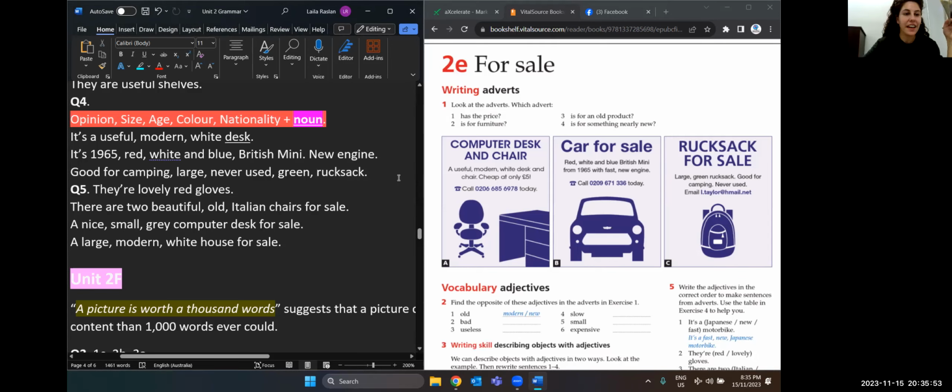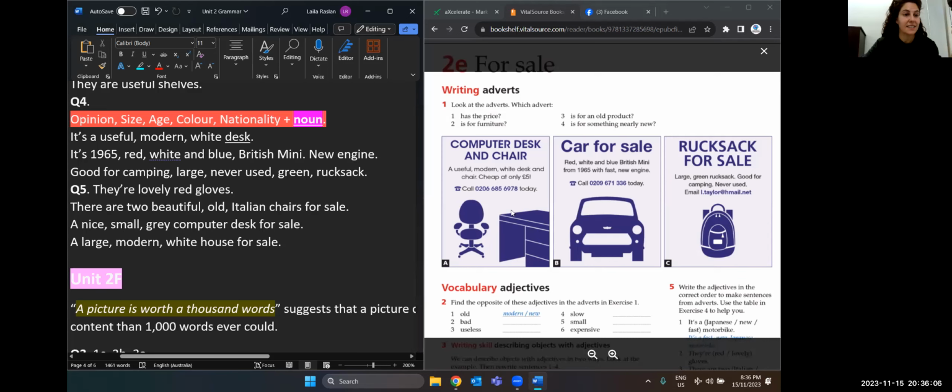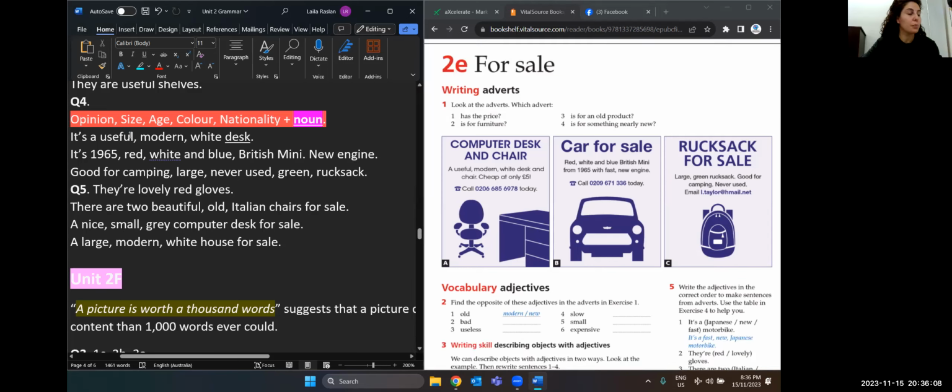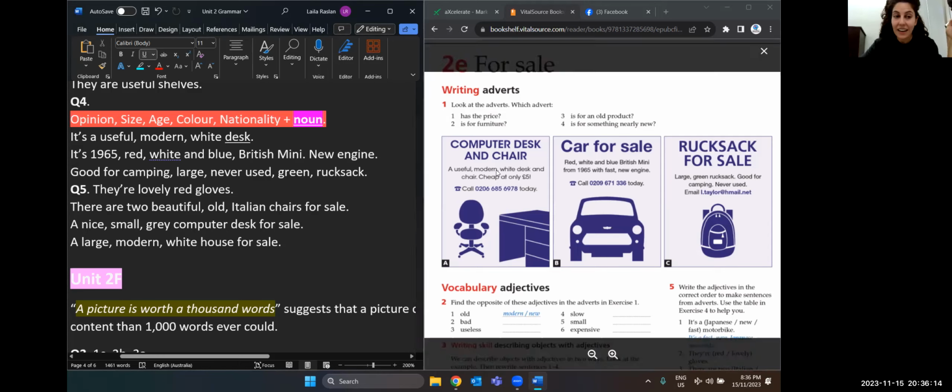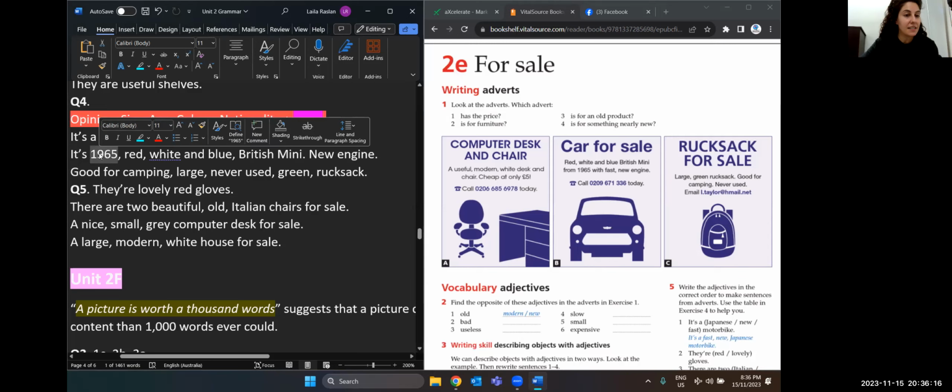Okay, so we know that when we talk about it, we put all the adjectives first and then the noun. So I can make these into sentences. I could say the desk is a useful, modern, white desk. So I say all my adjectives first and then the noun. The car is a 1965.